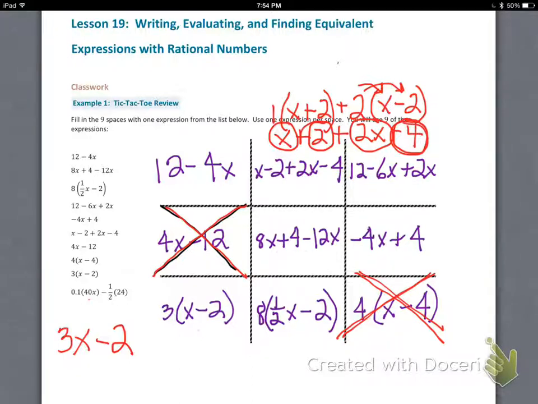Now I have 3x minus 2. Does that match any of those on the board? That is a question. Some of you may want to put a strike through this one, but we can't do that.